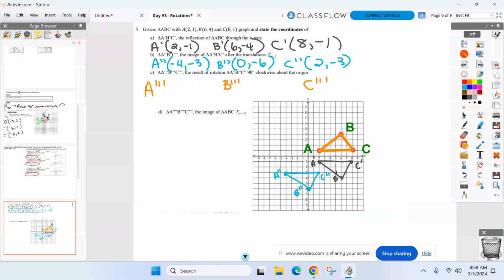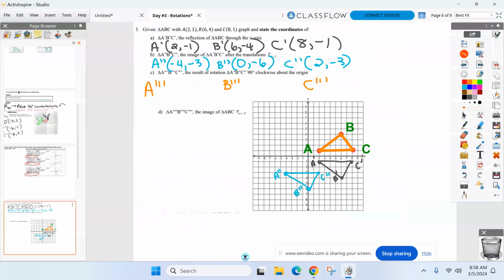I don't have it. Okay, turn your paper to the right. The last translation, if it's minus 6, minus 2. How is it that far down? You're moving every point down 2 and left 6. Okay, left 6, down 2. Yep.